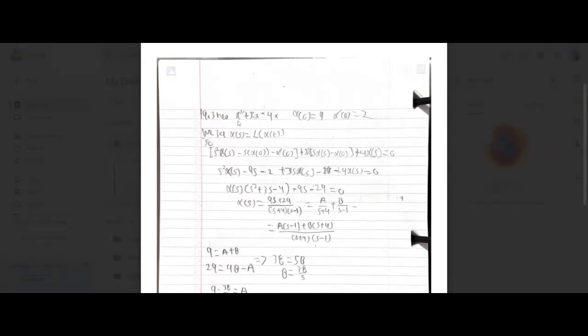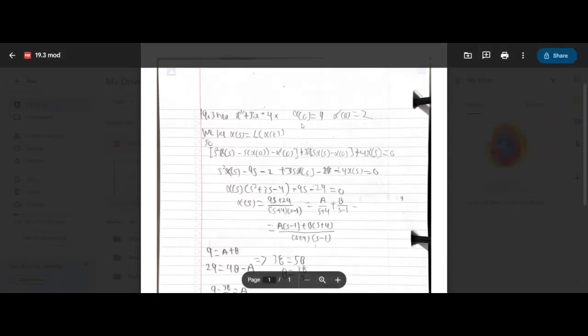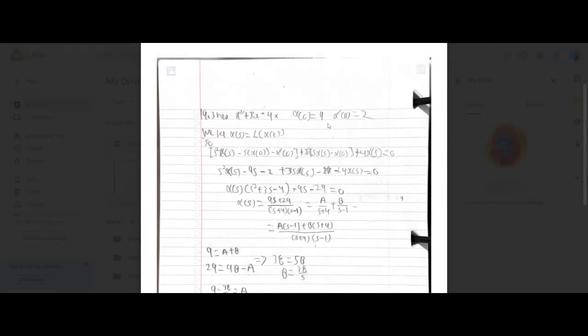Yeah. It's x double prime plus 3x prime minus 4x. That's an expression. That's not an equation. Oh, equal to 0. Pardon me. I forgot to put equal to 0. Yeah, I kind of just been dropping the 0 by accident in my mind. Yeah, so with x naught equal to 9 and x prime naught equal to 2.